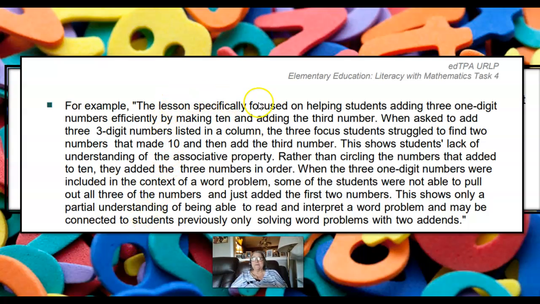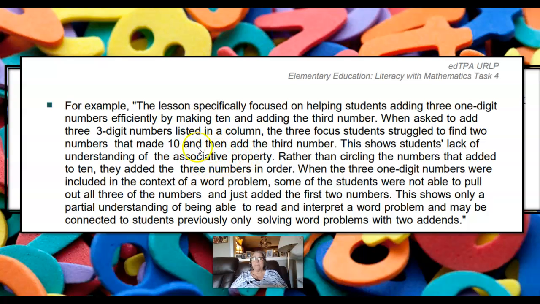So the lesson specifically focused on helping students add 3 one-digit numbers. So it talks here, when asked to add the 3 digits in the column, the 3 focus students struggled to find 2 numbers that made 10. So they talk about the struggle. This shows students' lack of understanding of the associative property.